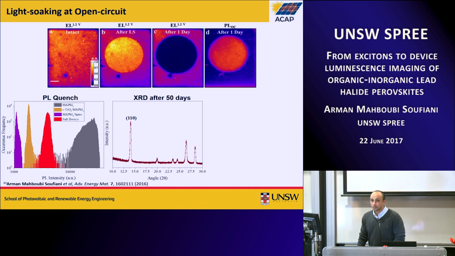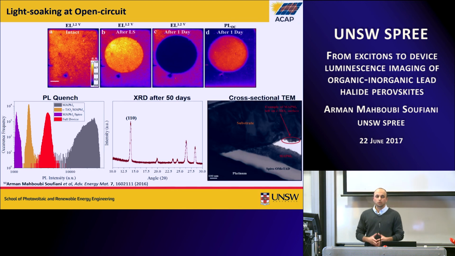I also performed XRD after 50 days just to make sure that during the illumination and also storage, the perovskite is not decomposed into products like lead iodide, and usually lead iodide appears at an angle of 12.5, and we don't see that here.